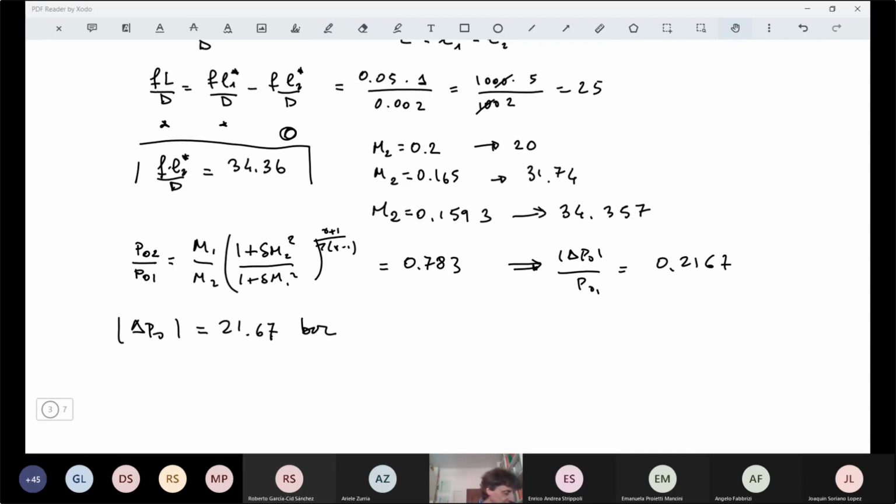You can consider this is a case where T01 is equal to T02 because it's an adiabatic case, so it's easy to evaluate.